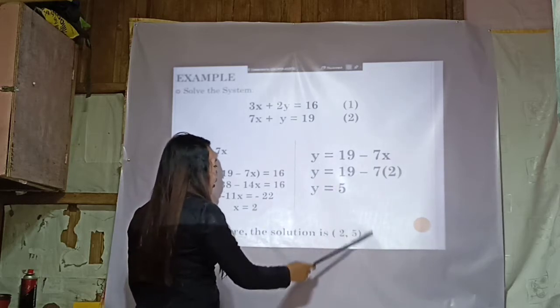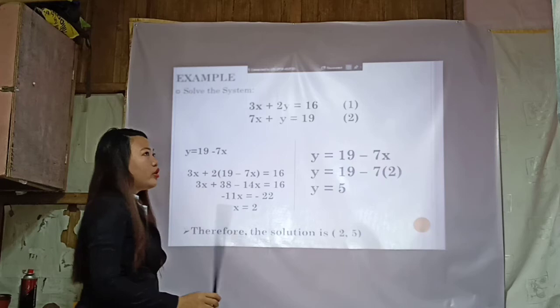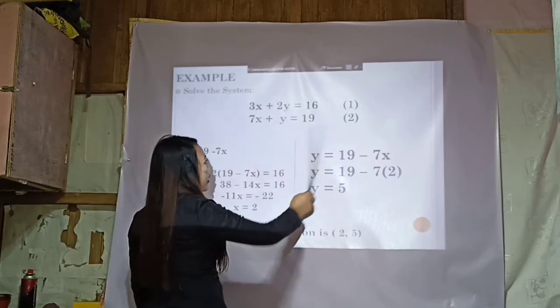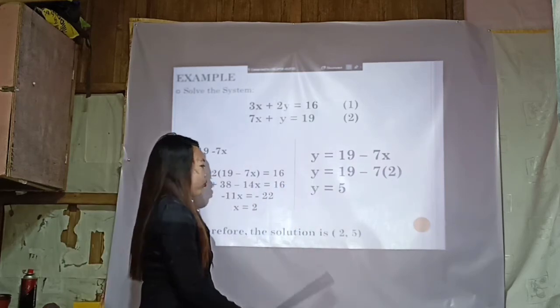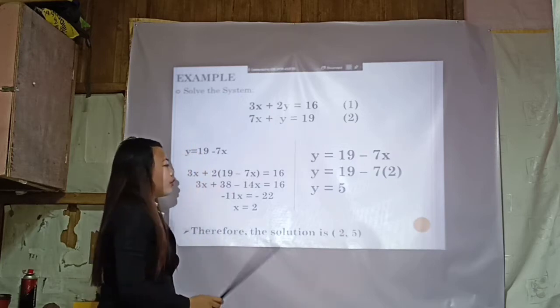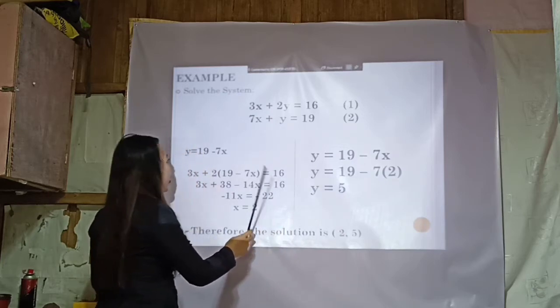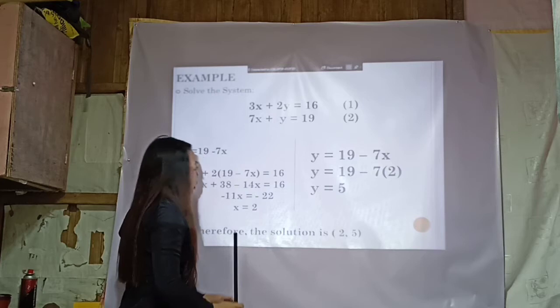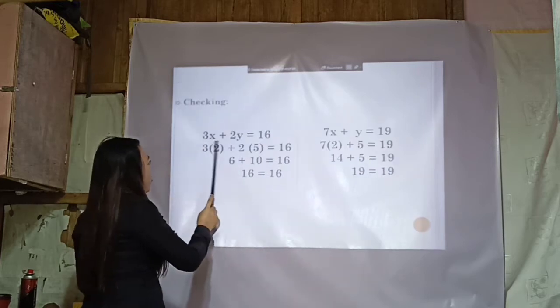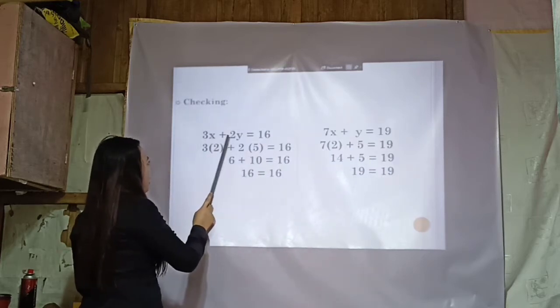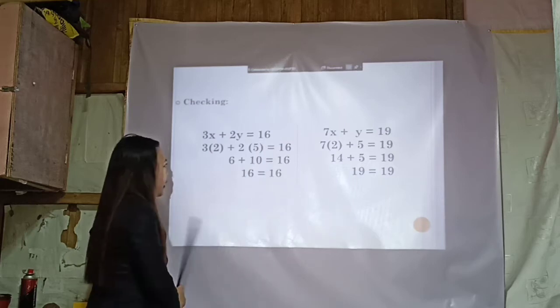So, this would be the ordered pair to check if the equations are true. So, let's check if the equations are true or not. This is the first equation, which is 3x plus 2y is equal to 16.